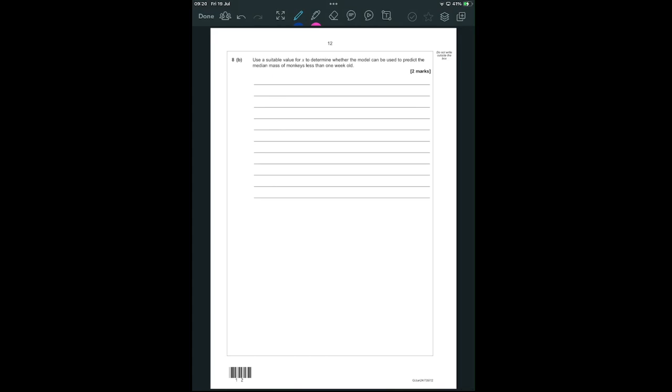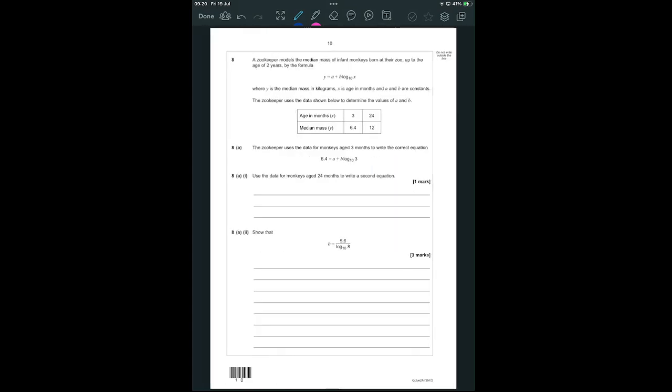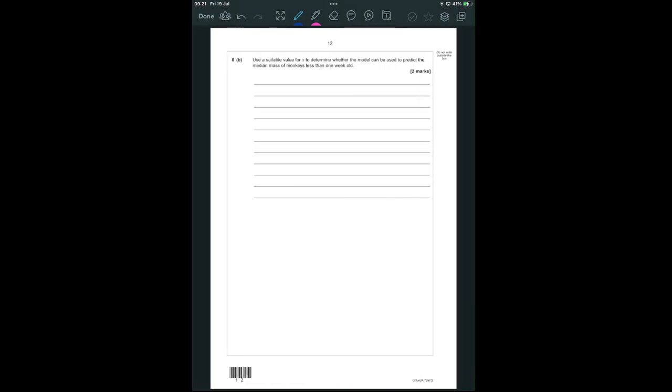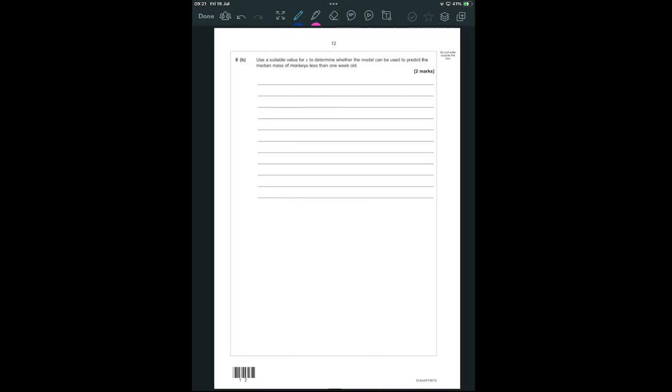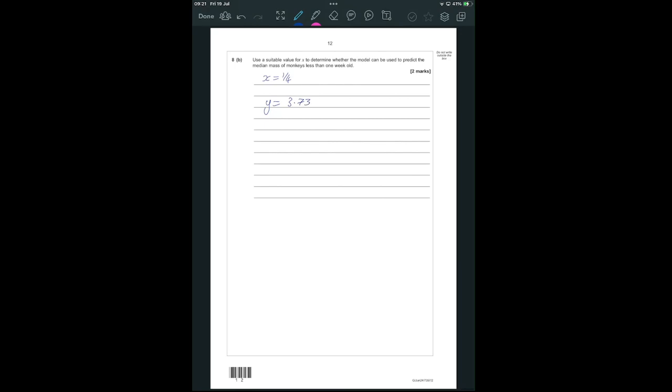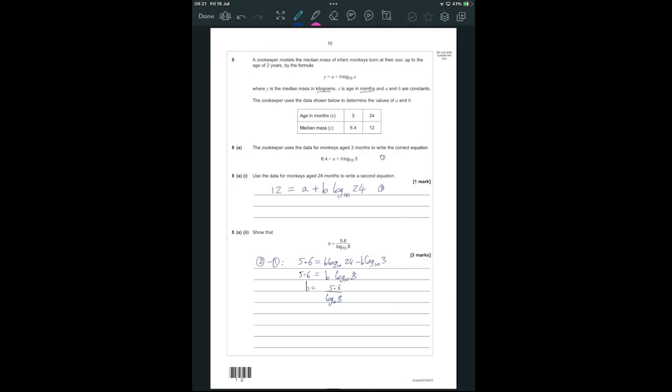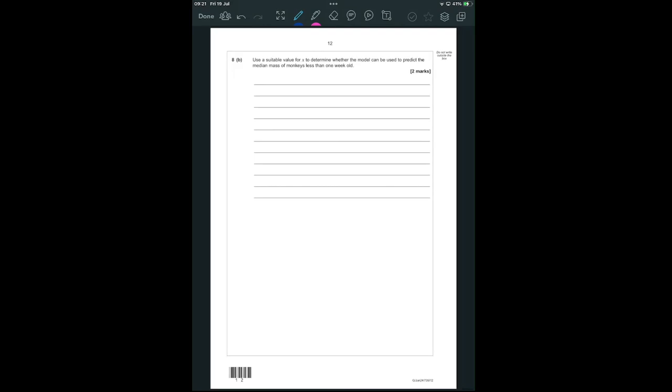Part B, use a suitable value of x to determine whether the model can be used to predict the median mass of monkeys less than 1 week old. Well, less than 1 week old is saying that my age was the x. A week is roughly a quarter of a month, so let's use x to be a quarter. So then y equals the A, 3.73, plus B, 5.6.